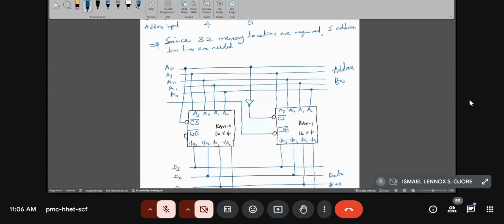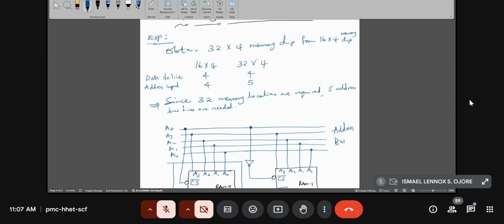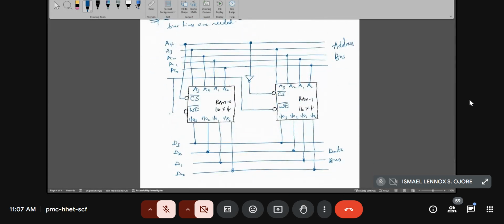It will only come into play if that particular chip is actually enabled. So this is our write. I think that is clear.